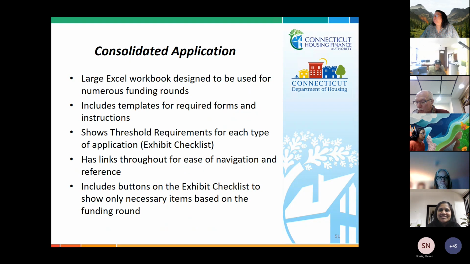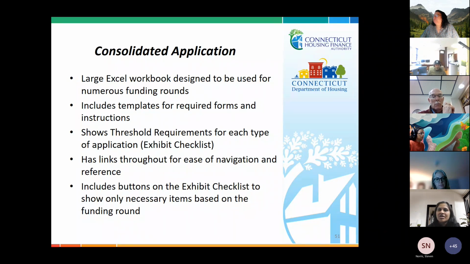So now, the consolidated application. This is a really large macro heavy Excel workbook, and it is designed for use in numerous funding rounds, not just HTCC, but numerous others that are offered by DOH and CHFA. It includes templates for required forms and instructions, and it shows threshold requirements for each type of application.